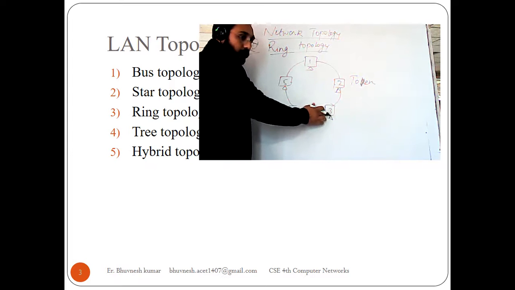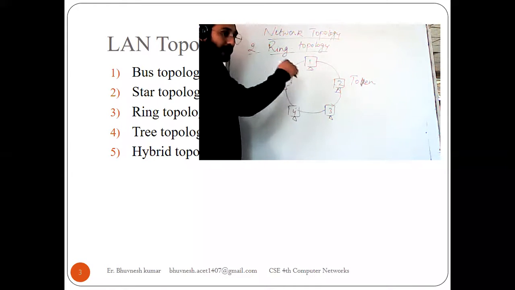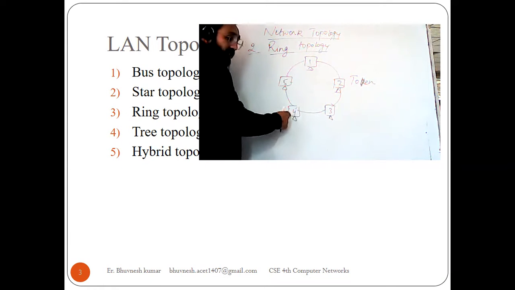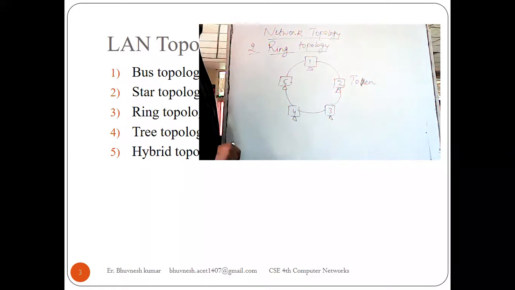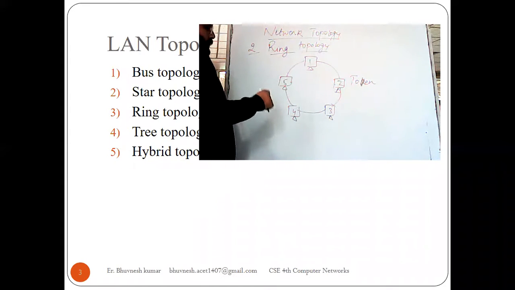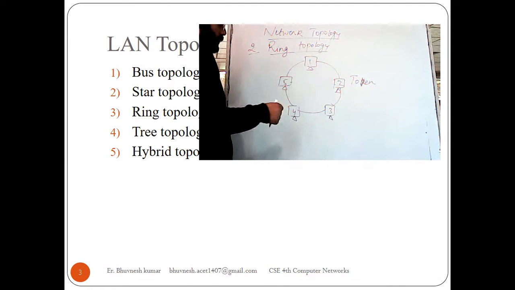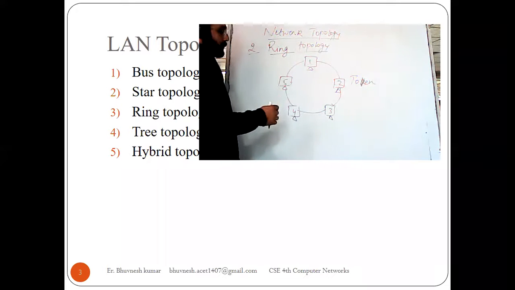If the token does not match, it passes to PC4. If the token sent by PC1 to the next destination gets matched, then that PC will receive the information. In ring topology, token passing is there. The token will be passed through each and every device. In that manner, your communication will be there.